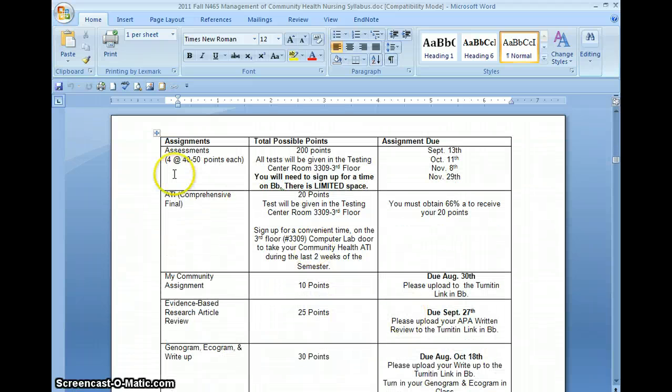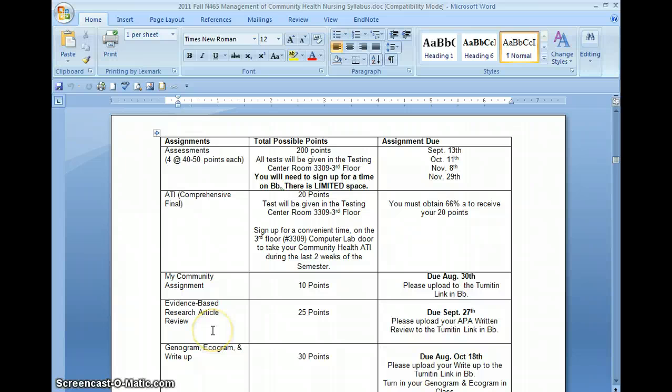Here are the assignments. Obviously, there are tests in this. The ATI. The My Community assignment is about them, and we'll have a picture of them. They will upload it onto Turnitin on Blackboard, and that way you can go in and look at your students who you have for each 6 weeks and read about them, read about their communities and who they are and things like that.